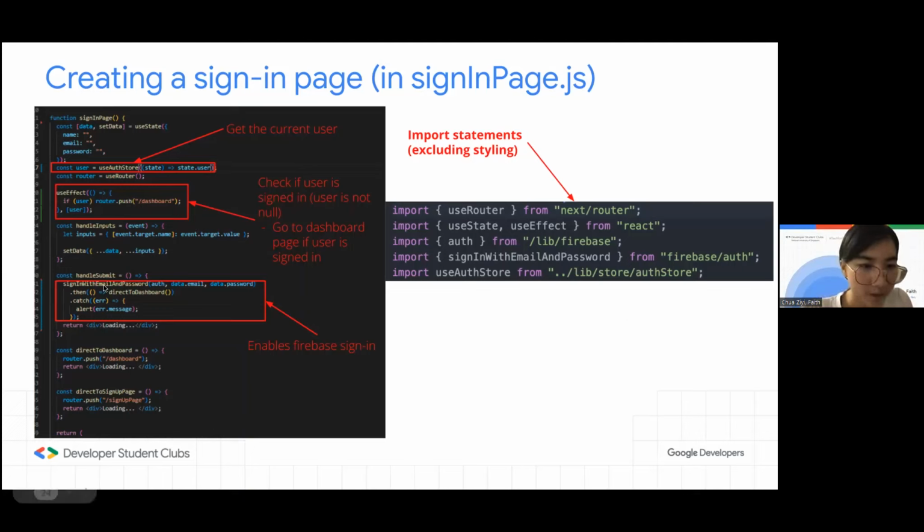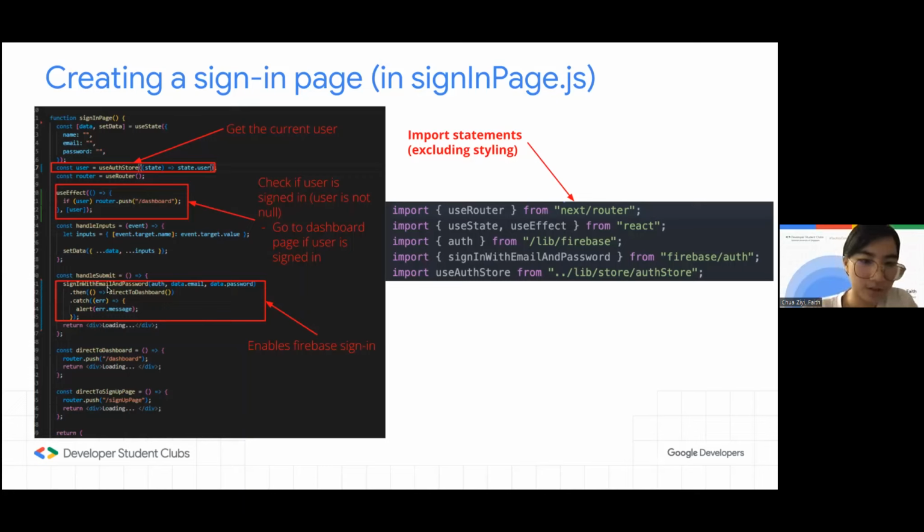What I want to bring your attention to is this signInWithEmailAndPassword method. This is actually a method in Firebase that allows you to sign in with your email and your password. There are three arguments to this: the authentication, which you will receive from the authStore, I think, the email, which is your email input, and the password.